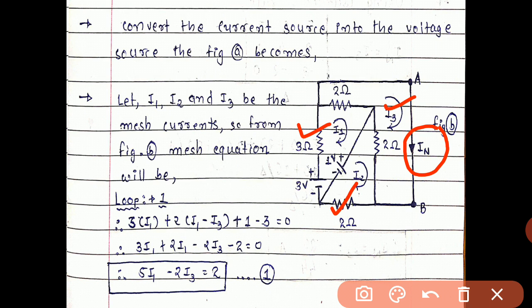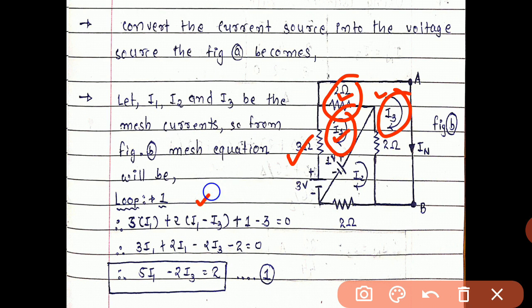If we initially apply KVL to loop 1, the equation will be 3I1 plus 2 into (I1 minus I3), because the 2 ohm resistor is common to loop number 1 and loop number 3. But here we consider loop number 1, so the majority current is I1 and the minority current is I3. So we take the difference I1 minus I3 over here.